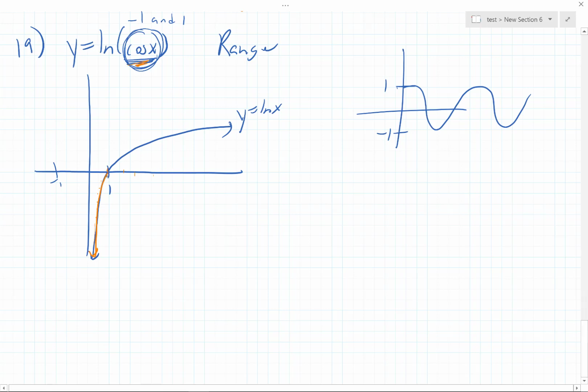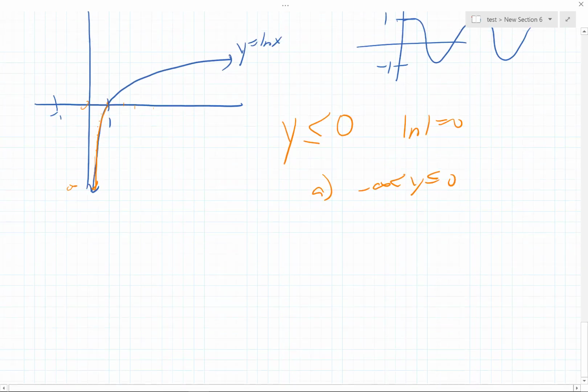So it's just this guy, and the y values here are the y's that are less than 0. Can we equal 0? Yeah, we can, because when you do the ln of 1, that equals 0, so we're good. So I think on your answer choices, it's A, between negative infinity and 0. That's kind of fun. Cool.